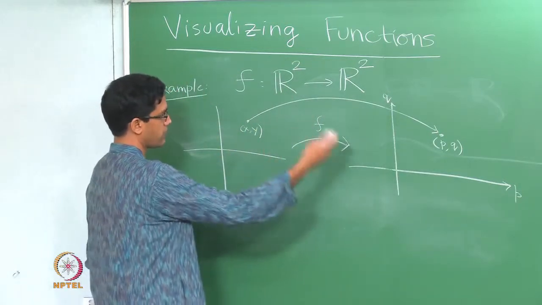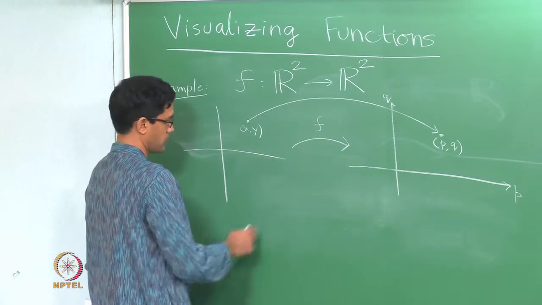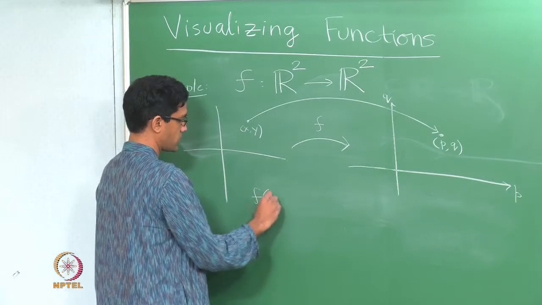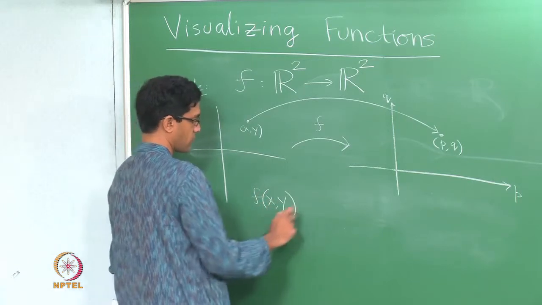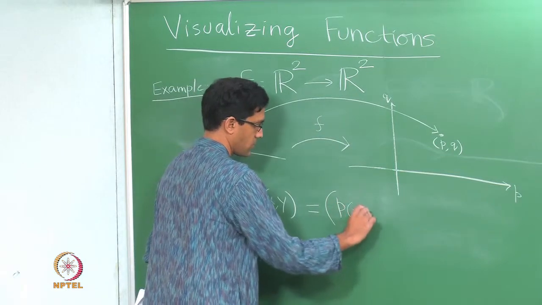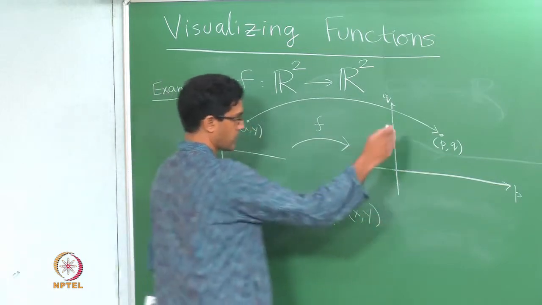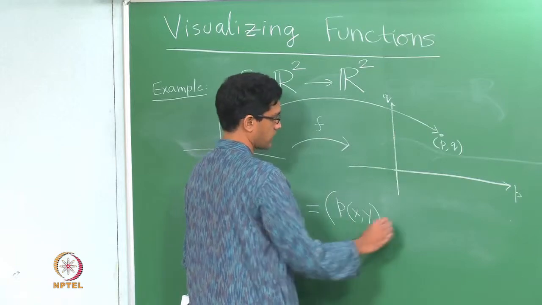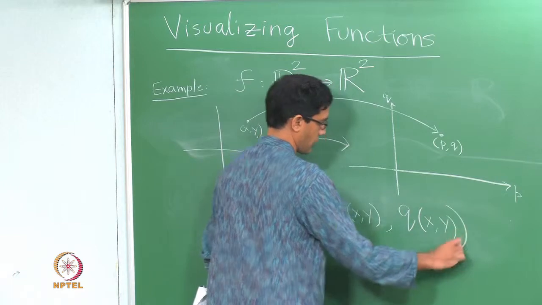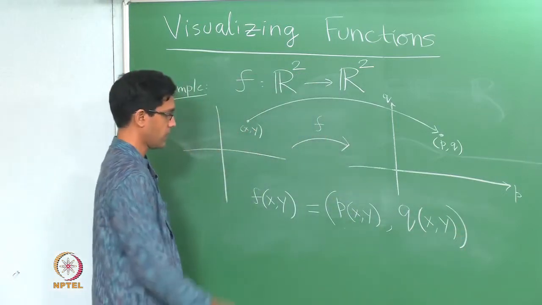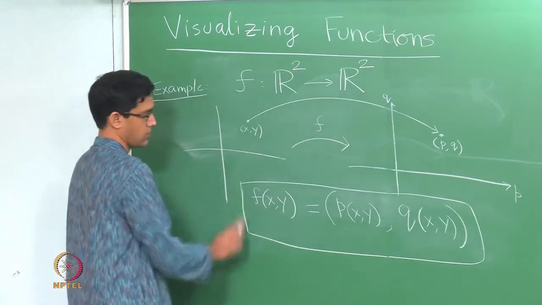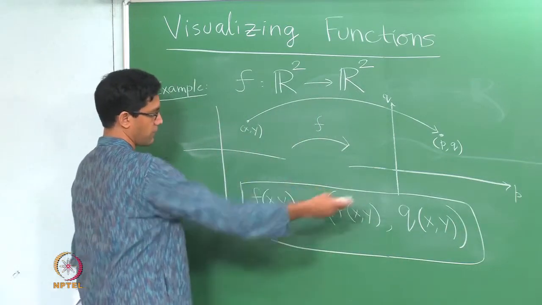So, how do you think of or how do you visualize such functions? One, of course, observe what f is doing to the point x y. It is giving you an x coordinate p, or the first coordinate there, which depends on the input x y, and it is also giving you a q value which again depends on x y. So, this is probably the most general way of writing out a function from R2 to R2. To each x y it gives you a pair of functions.